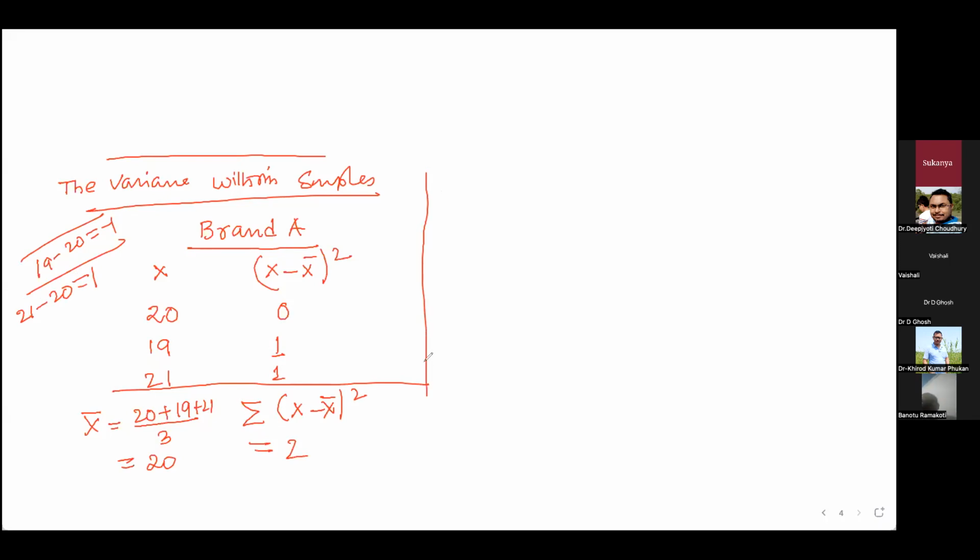Further to this, we would like to check for brand B. For brand B, we have the observation X, then X minus X bar, and X minus X bar whole square. The data for X for brand B is 25, then 23, then 21.